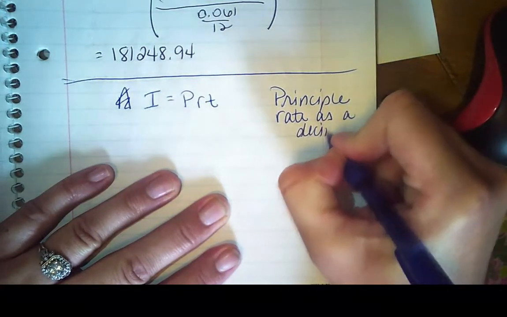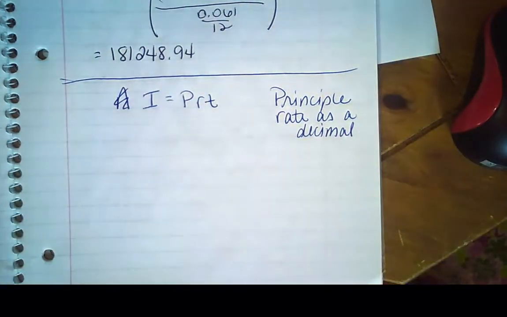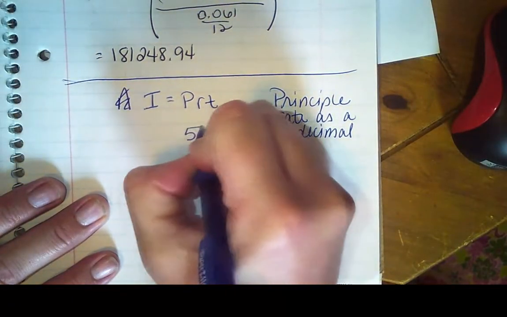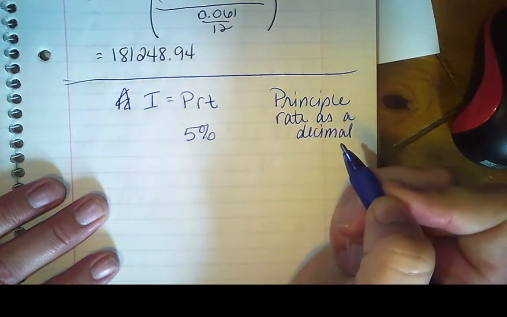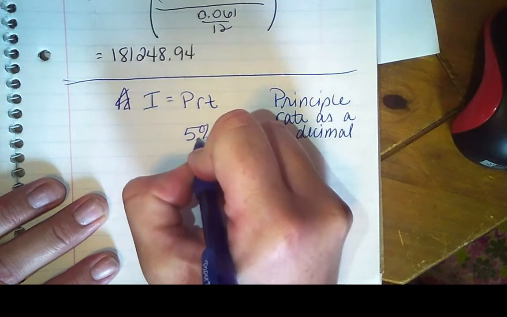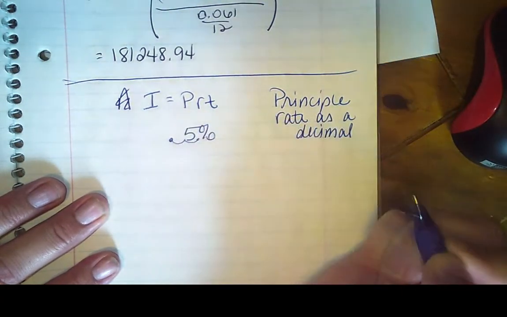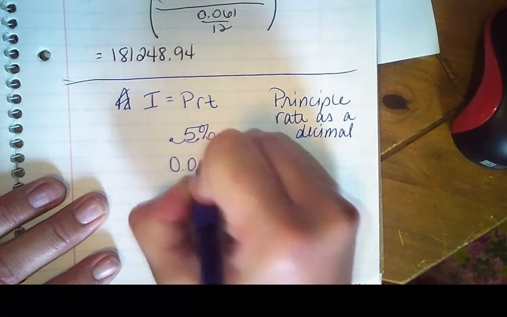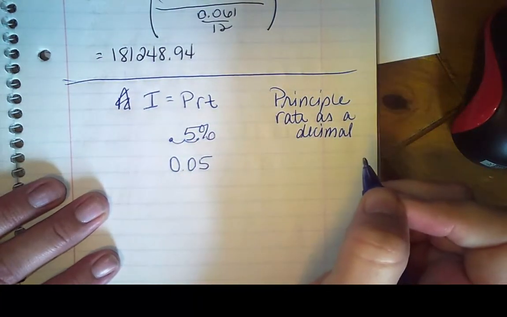So don't think that just because it has a decimal in it, that it's actually in decimal form. So if I've got 5%, what I need to do is move my decimal twice to the left. And so the decimal form of that percentage is 0.05.